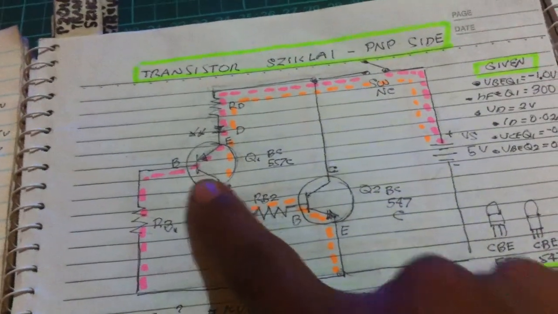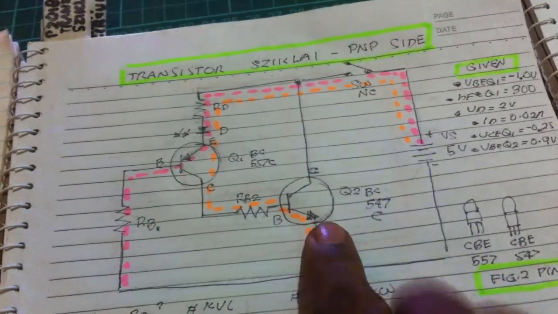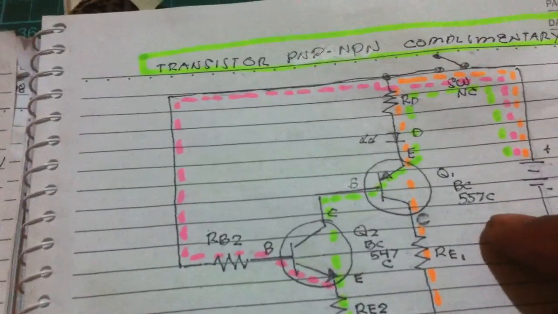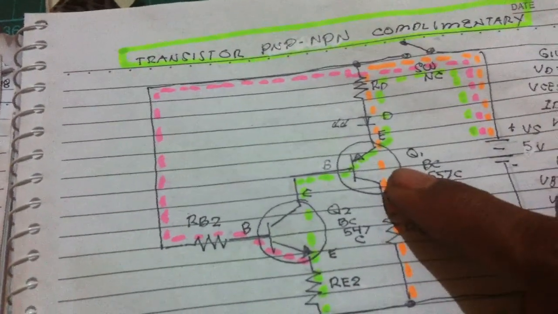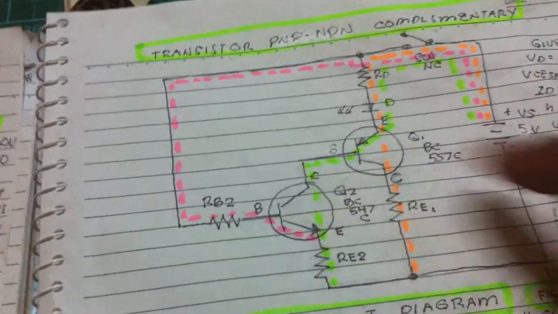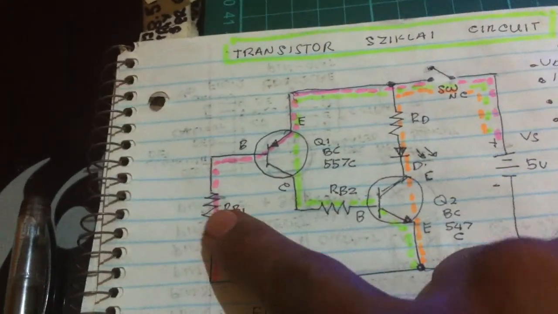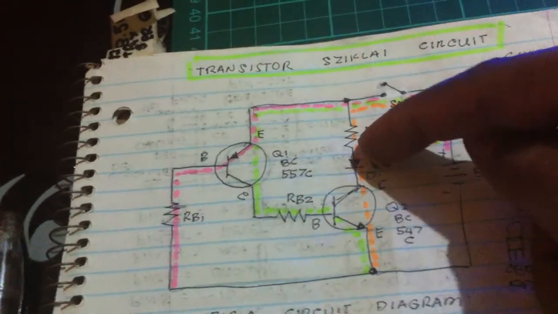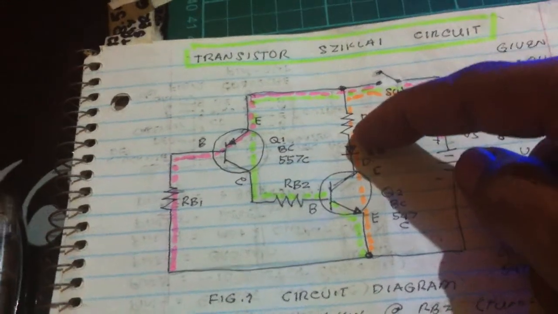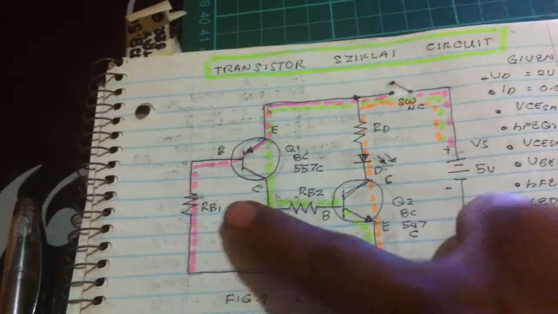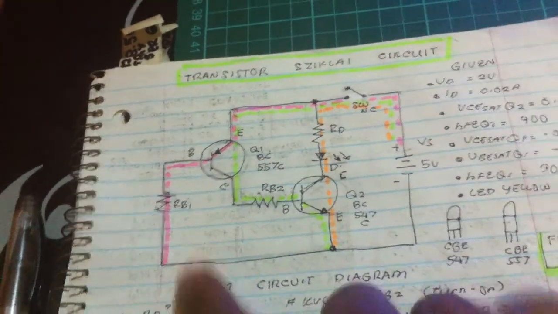But here, the base of the PNP is connected to the collector of the NPN. That is our new circuit. We connect this instead of connecting it to the ground.